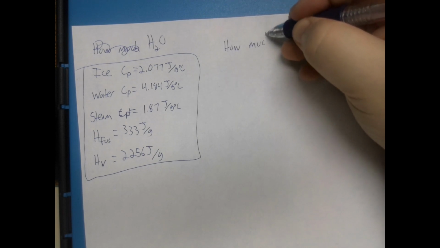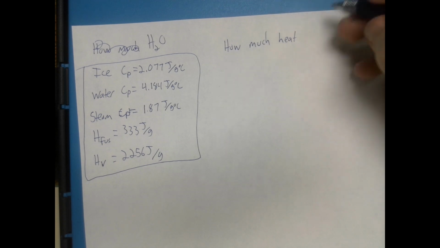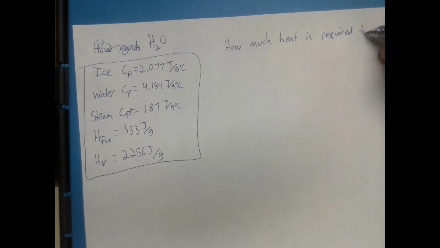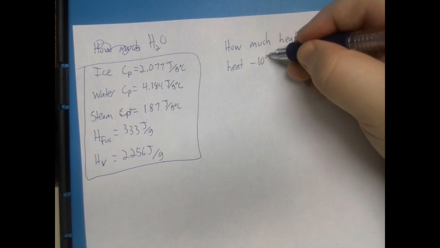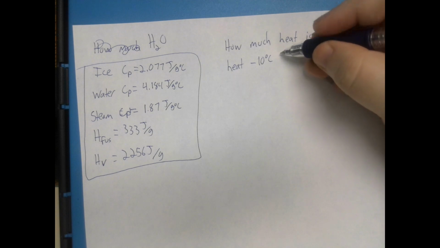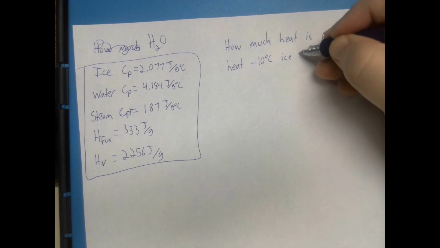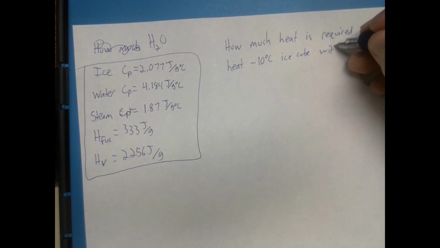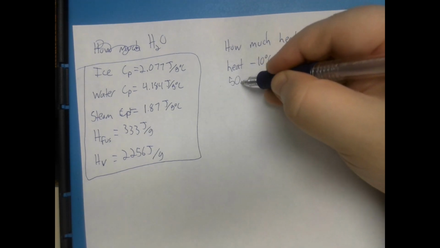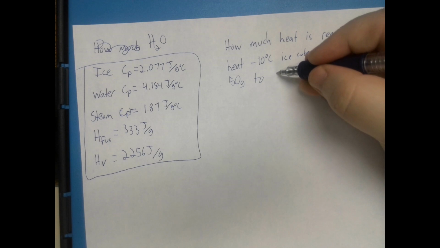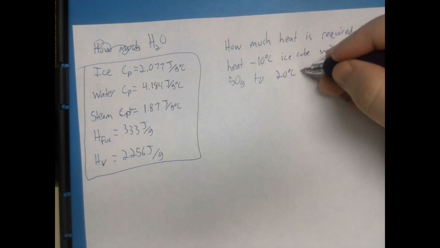How much heat is required to heat negative 10 degrees Celsius ice cube with a mass of 50 grams to 20 degrees Celsius water?